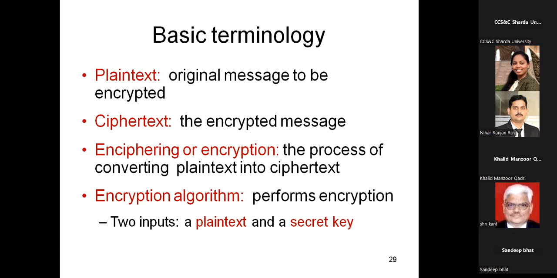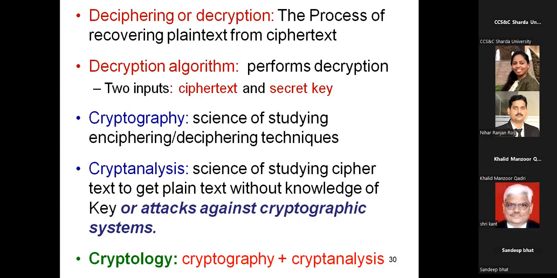The plain text and the secret key. Understood? I explained it to you earlier. Deciphering or decryption algorithm: the process of recovering the plain text from ciphertext is called deciphering. And this deciphering algorithm again requires two inputs, the ciphertext and the secret key, right?